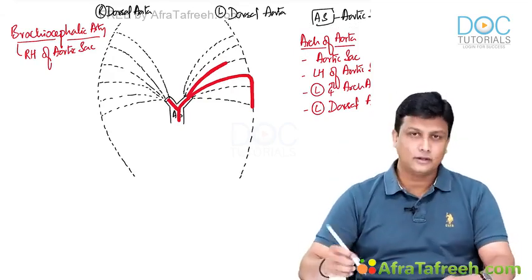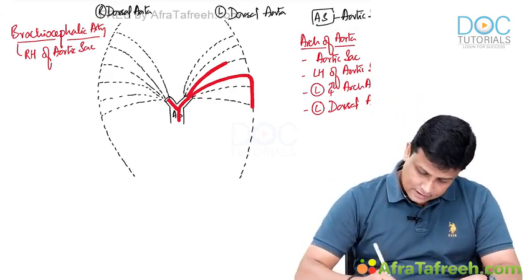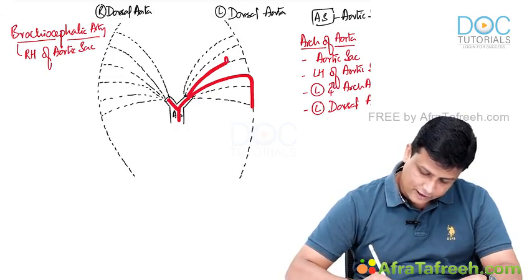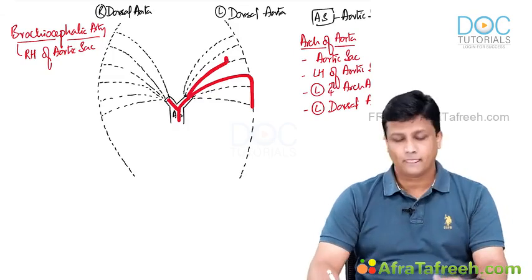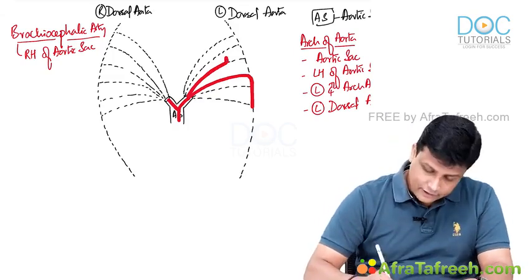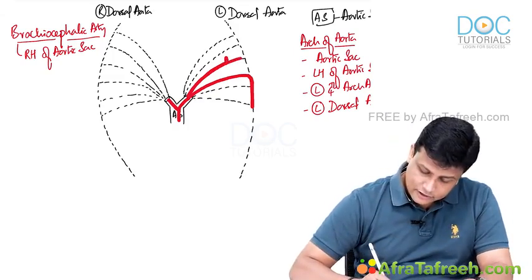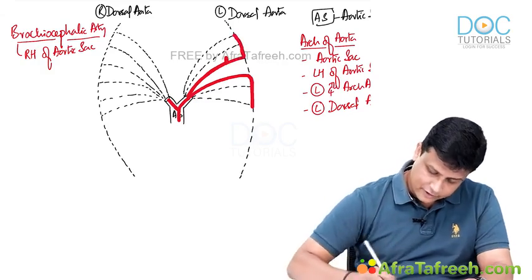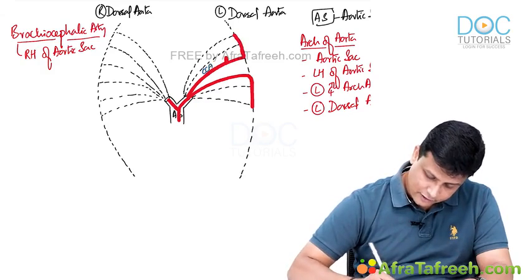So therefore, my dear friends, this common carotid artery will give a bud here, and that bud is developing into external carotid artery. And further, it will continue as your internal carotid artery. So let me just write down here. This one is common carotid artery.